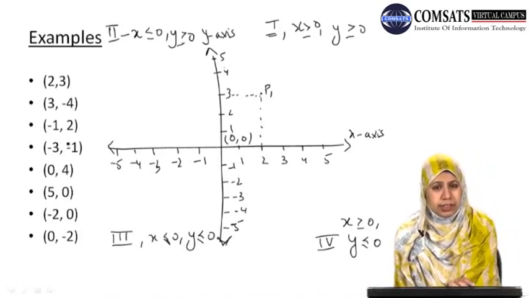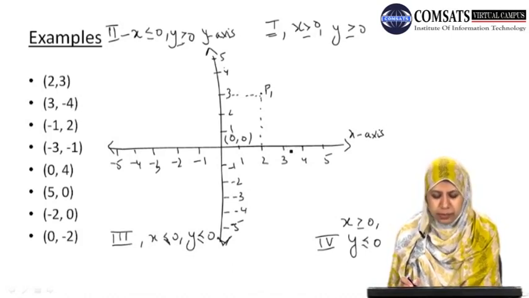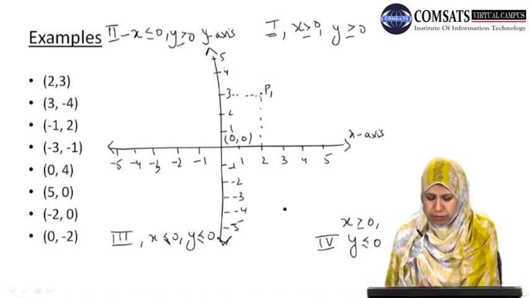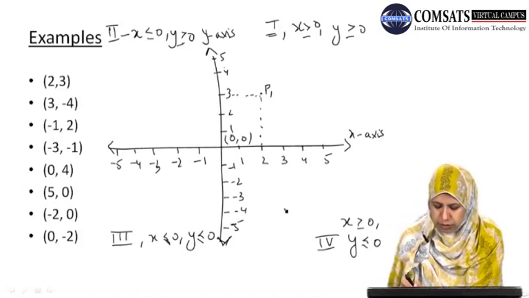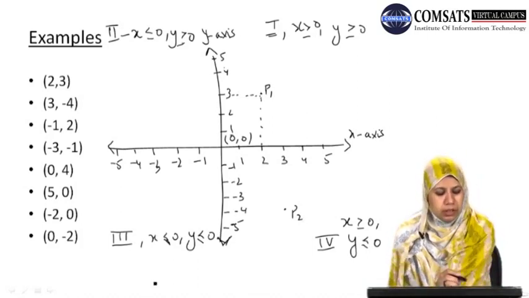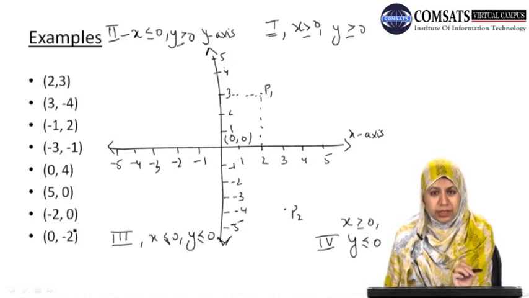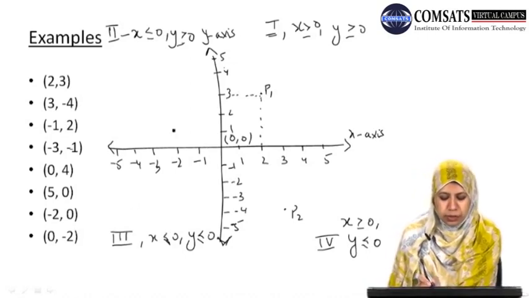Second is when x is 3, that is positive, and y is -4, means negative. So we are in the fourth quadrant. So this is our point P2. Okay. Third is (-1, 2), means x is negative and y is 2, positive.